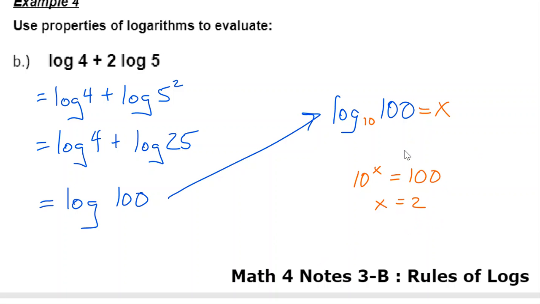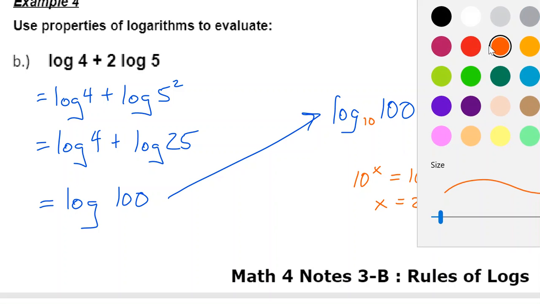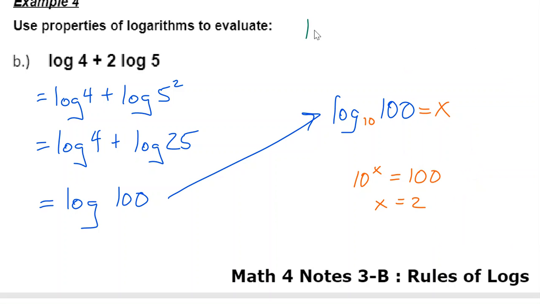Now, I want to show you, when they work out nicely, where you can recognize the numbers like that, that's fine and dandy. But occasionally, you are going to come across a problem where you're going to have something like log base 4 of 7.